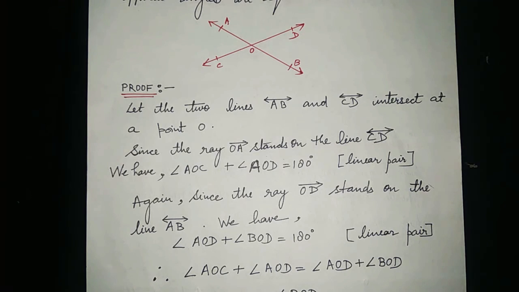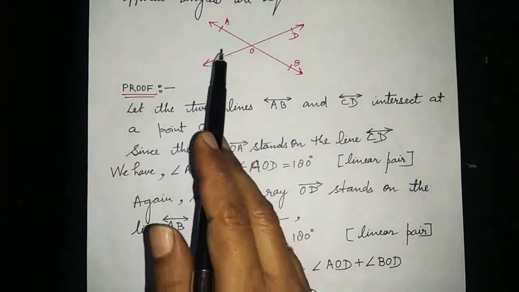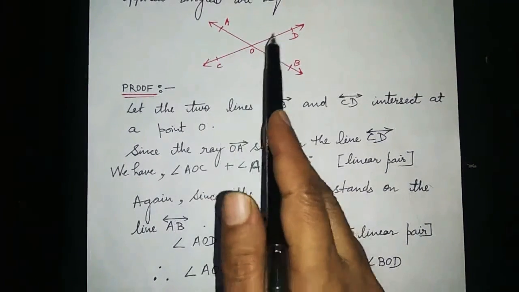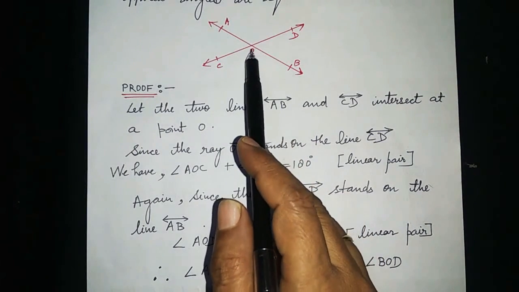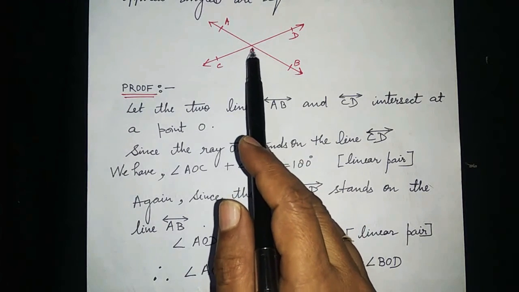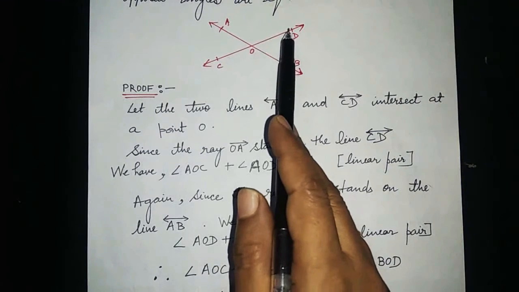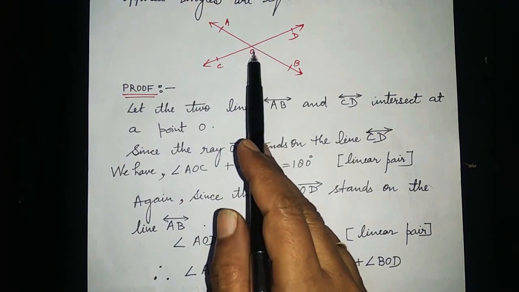For the proof you will see these two lines AB and CD, and you can see both are intersecting each other at the point O. So for this you will write, let the two lines AB and CD intersect at the point O.